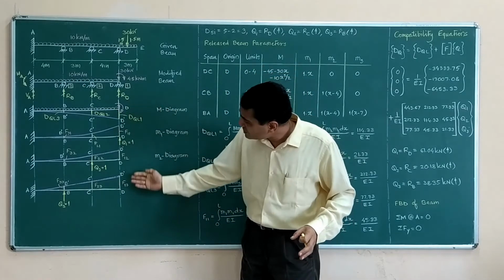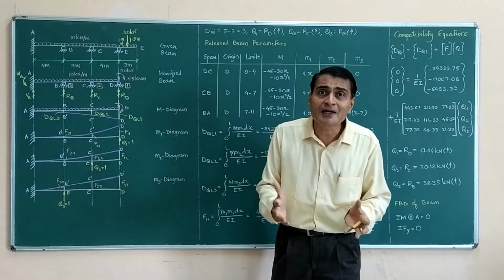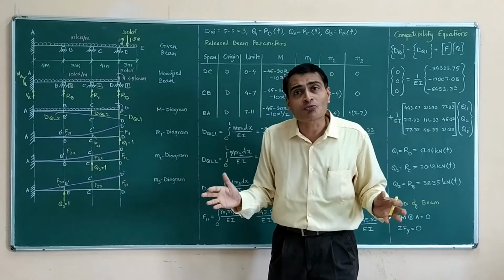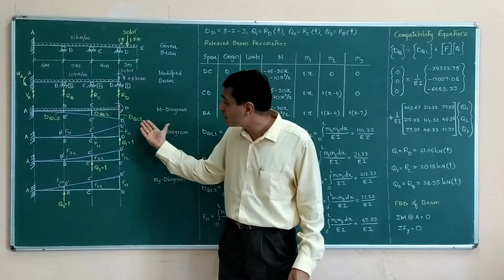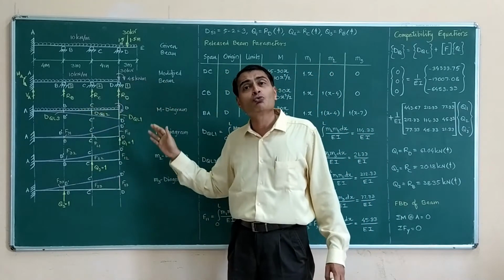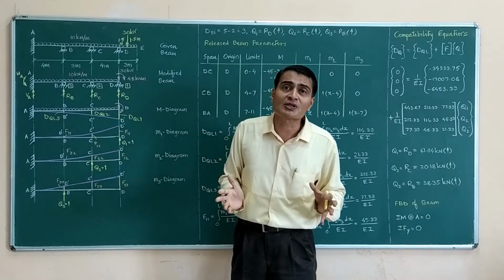So these drawings depict the superposition that we are carrying out. These drawings are actually depicting the methodology of the flexibility approach, and here we are defining DQL1, DQL2, DQL3, F11 through F33, all the flexibility coefficients.